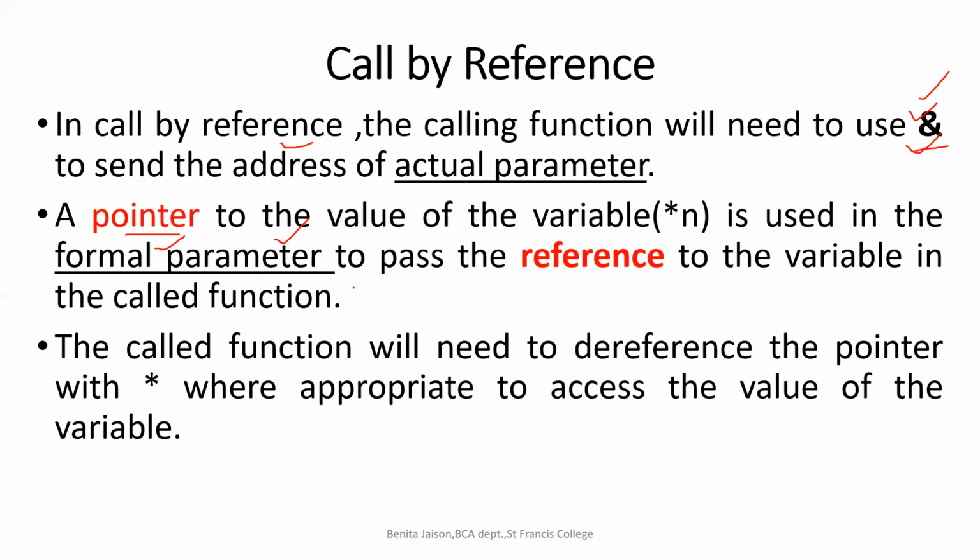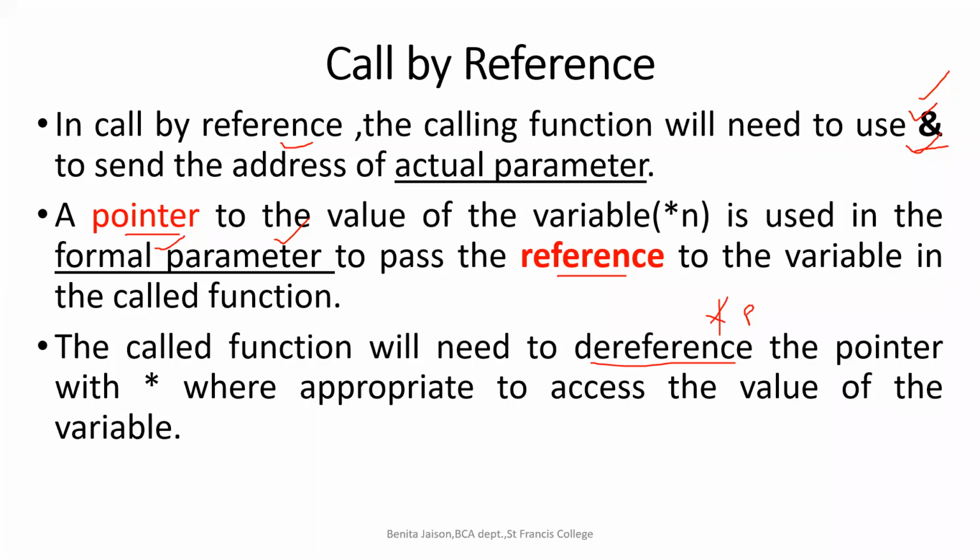So if you get an address, what is the use? In the previous example we were swapping the values, right? So how to swap the values if you get an address? We are using the dereferencing operator here. To swap the values, again we have to get the value. Address we cannot swap. Which is the dereferencing operator? This star symbol before the pointer.